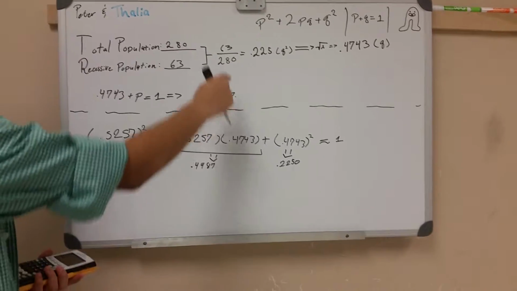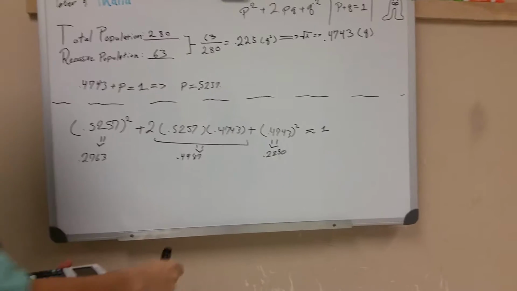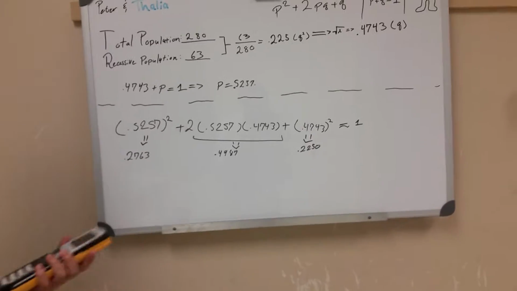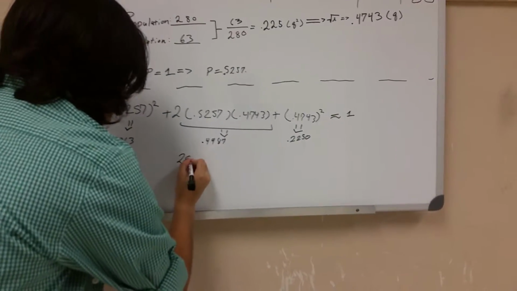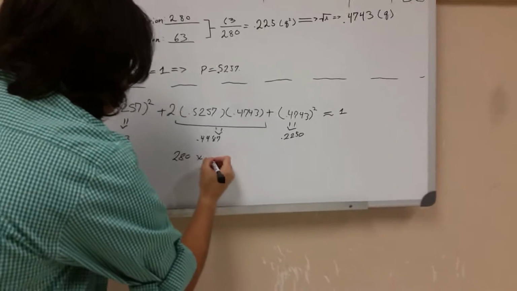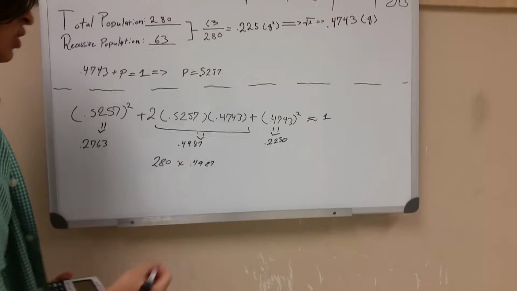Well, we know that our population is 280, and we know that the frequency is 0.4987. So it's a matter of really simple math. What is 280 times 0.4987, which is our ratio?